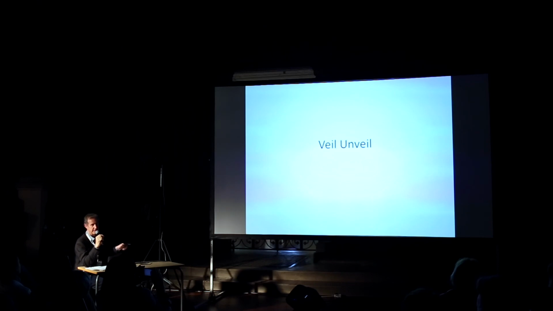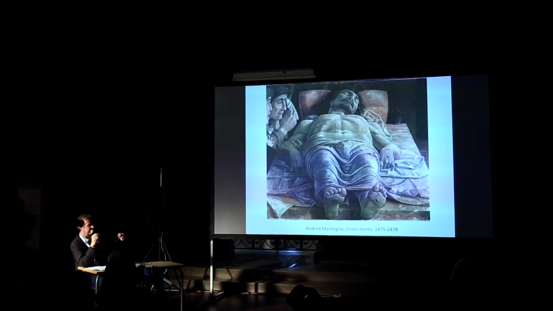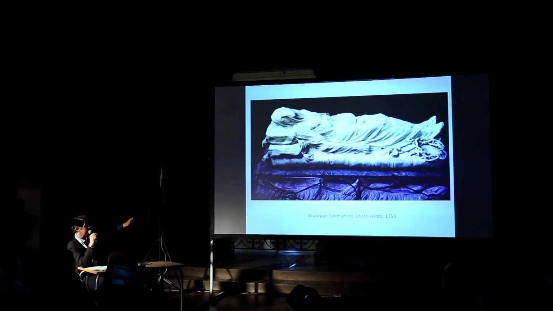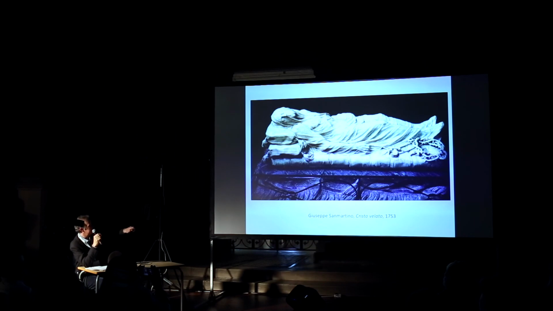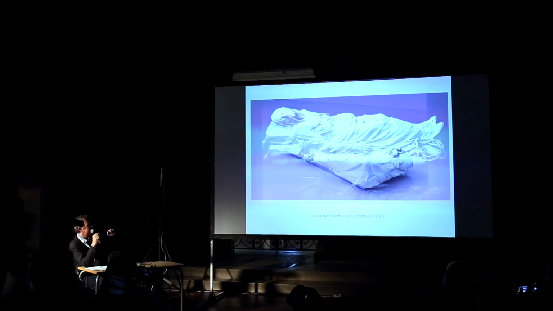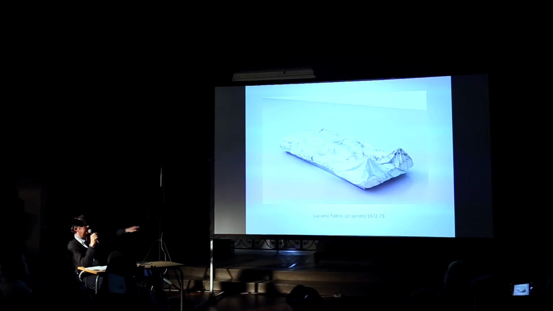And then the last theme I will go through very quickly. It's veil and unveil. The veil has a long tradition in Italian art, especially during the 18th century, to virtuosism. This is the Cristo Velato. But then reinvented also in contemporary art.